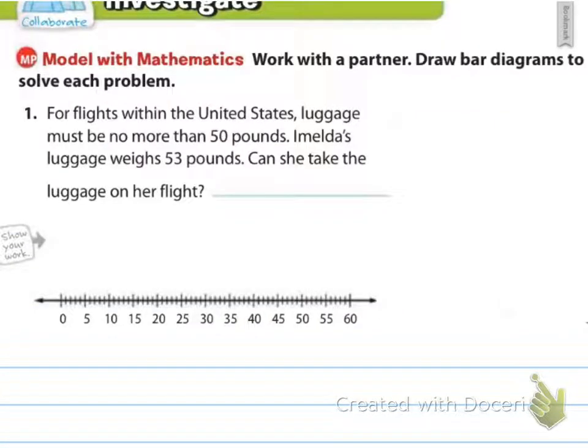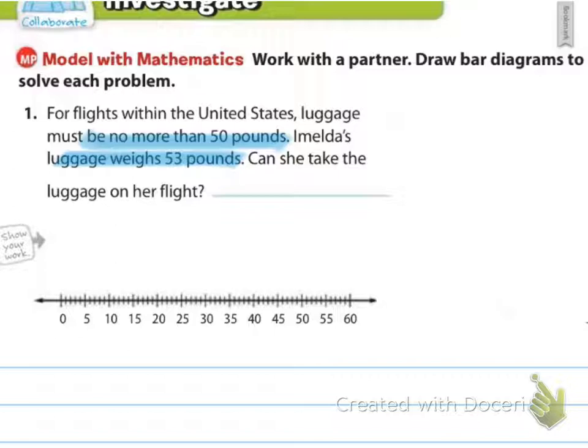Alright. So now on the next page we're going to do some examples. Model with mathematics. We're going to draw a bar diagram to solve each problem. So for flights within the United States, luggage must be no more than 50 pounds. Imelda's luggage weighs 53 pounds. Can she take the luggage on her flight?